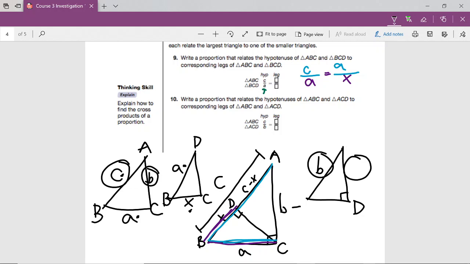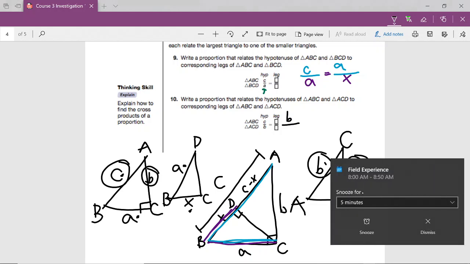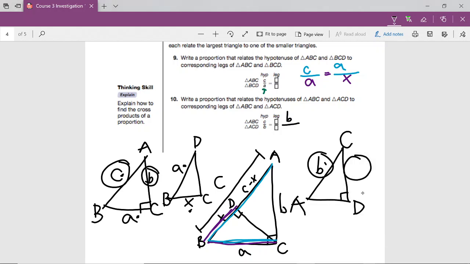This should be switched. Okay, so that looks much better. We have C relates to B, those are the two hypotenuses of my right triangles. C relates to B, just like B relates to C minus X. Those are the corresponding sides.